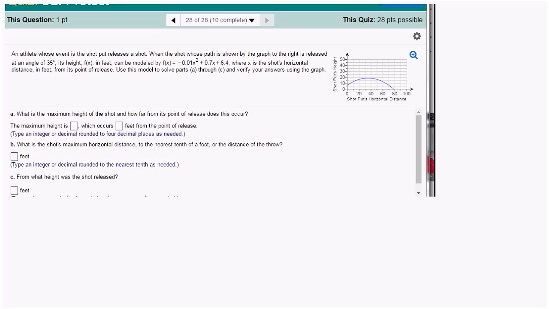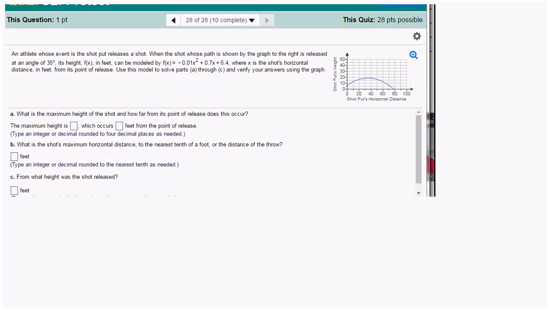Its height, which is f(x) in feet, can be modeled by f of x equals negative 0.1... So this right here is going to be the equation of the parabola that gives this pattern for the shot put, where x is the shot's horizontal distance in feet from its point of release.